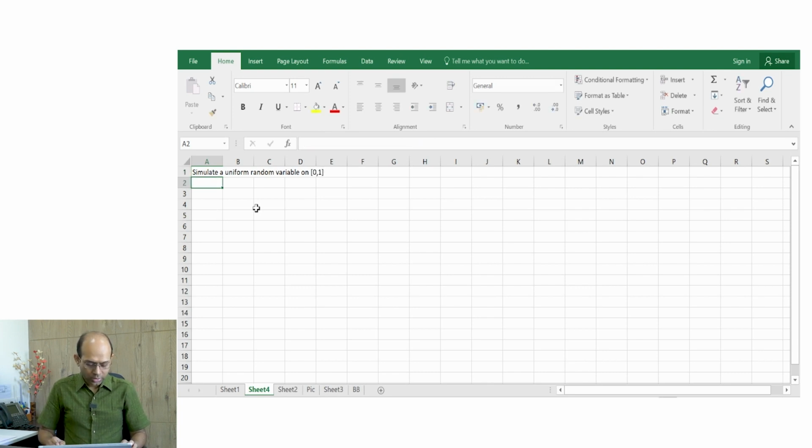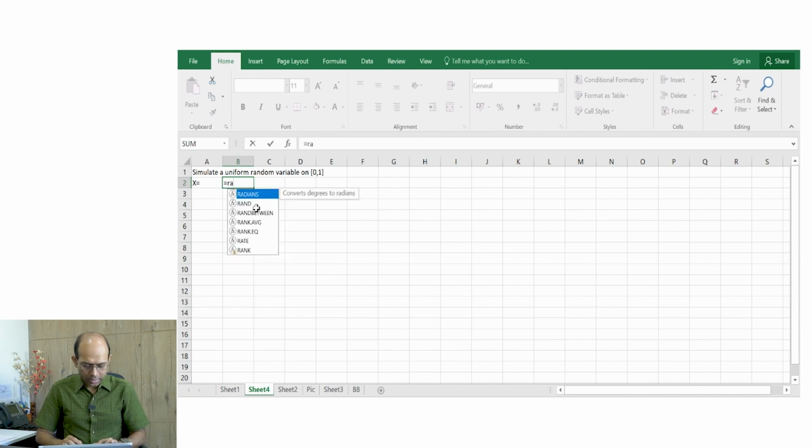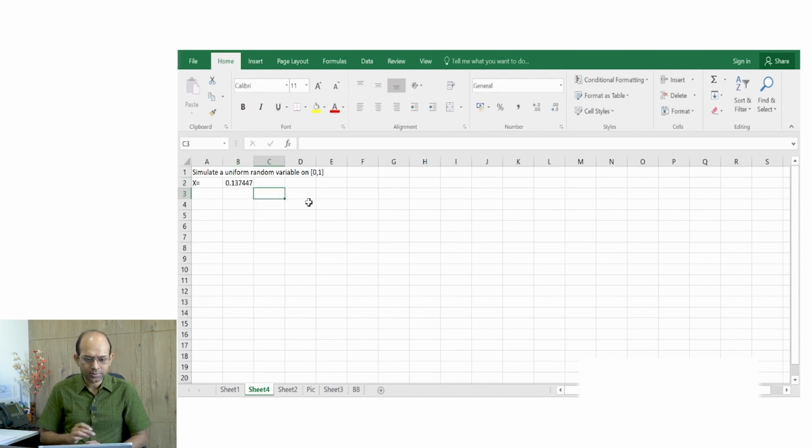Okay, so here I call that x, and I write down is equal to RAND, and then write this parenthesis, and press enter. What we get is a number between 0 and 1.